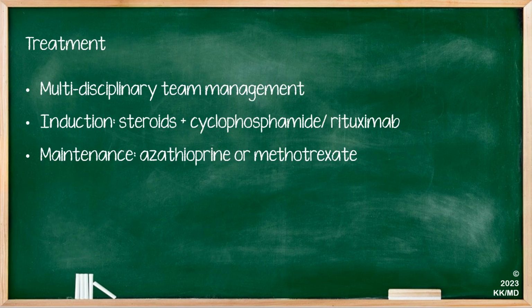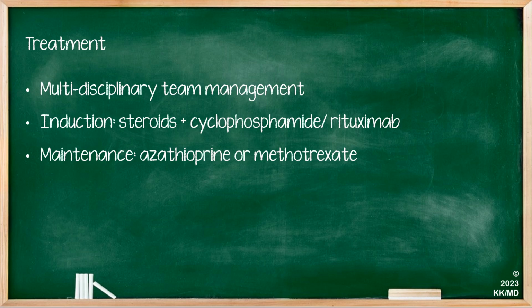In terms of treatment, with such a complex disease, often these patients are managed under a multidisciplinary team. So this would classically involve rheumatologists, renal physicians, pulmonary physicians, and anybody else in terms of specific organ involvement as well as allied health professionals.